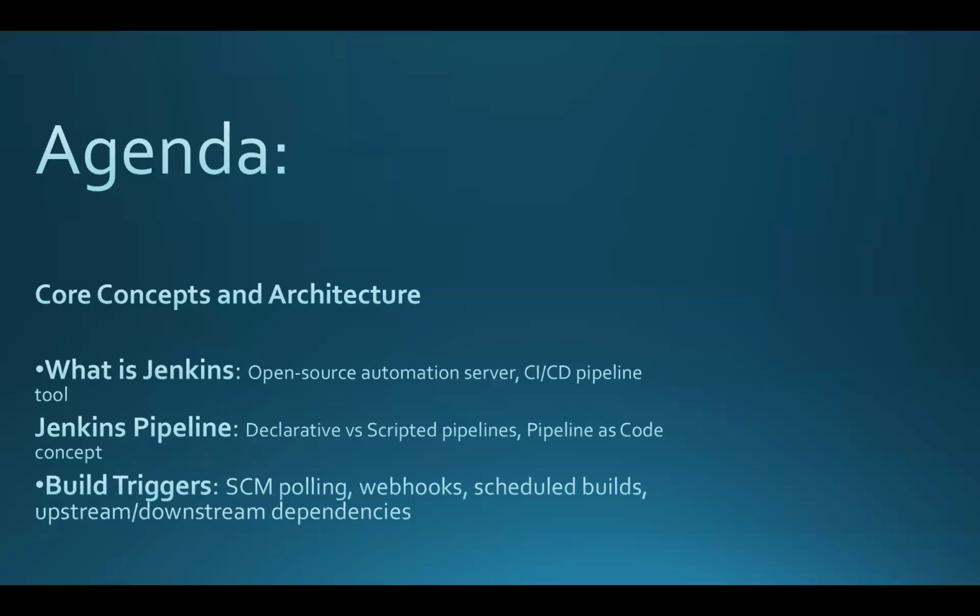In any DevOps interview, from the beginner to the professional, everyone will ask you what is the meaning of CI/CD and which tool you use for CI/CD. CI/CD stands for continuous integration and continuous delivery.